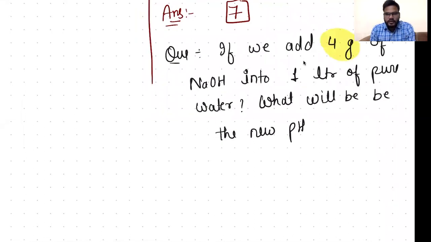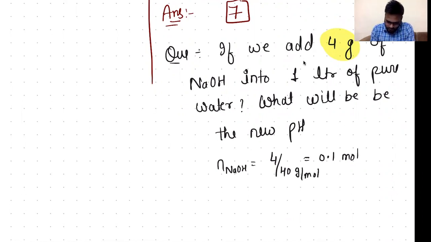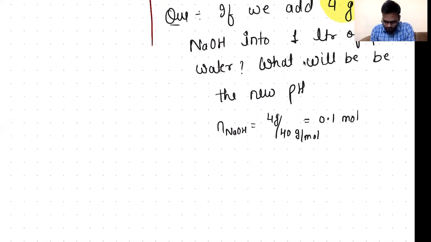On adding 4 gram, it means that is 0.1 mole. We are adding 0.1 mole of NaOH, right. In 1 liter, the new concentration, molarity of the solution will be 0.1 molar.